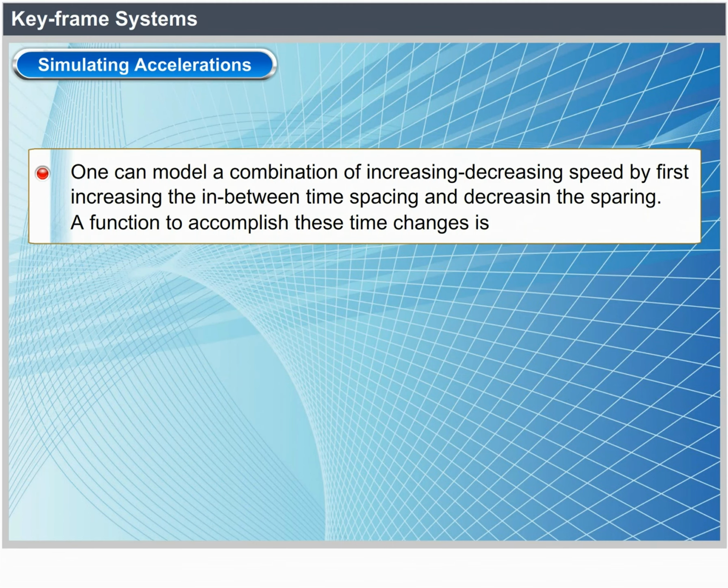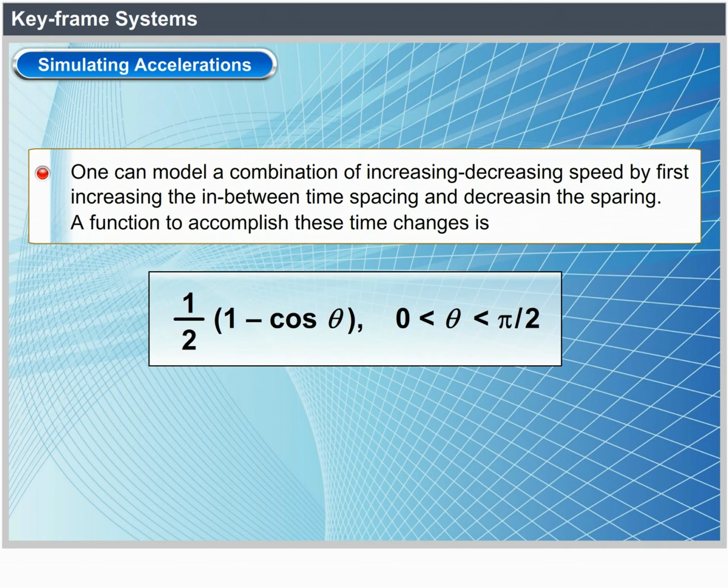We can model a combination of increasing and decreasing speed by first increasing the in-between time spacing, then decreasing this spacing. A function to accomplish these time changes is 1 by 2 of (1 minus cos theta), where theta lies between 0 and pi.